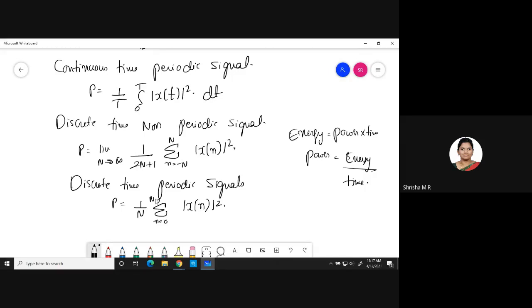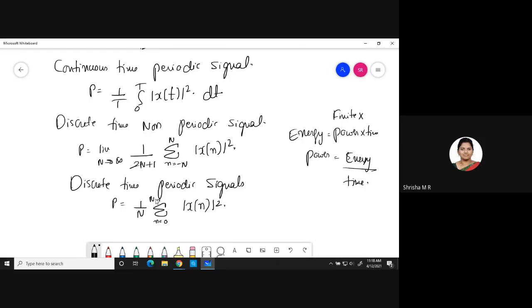So just think what happens to energy in case of power signals and power in case of energy signals. For power signals, power will be finite.